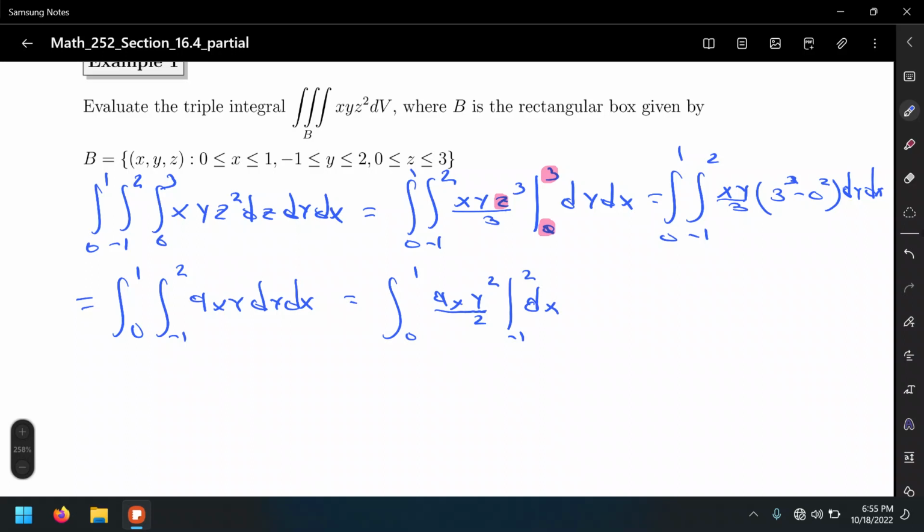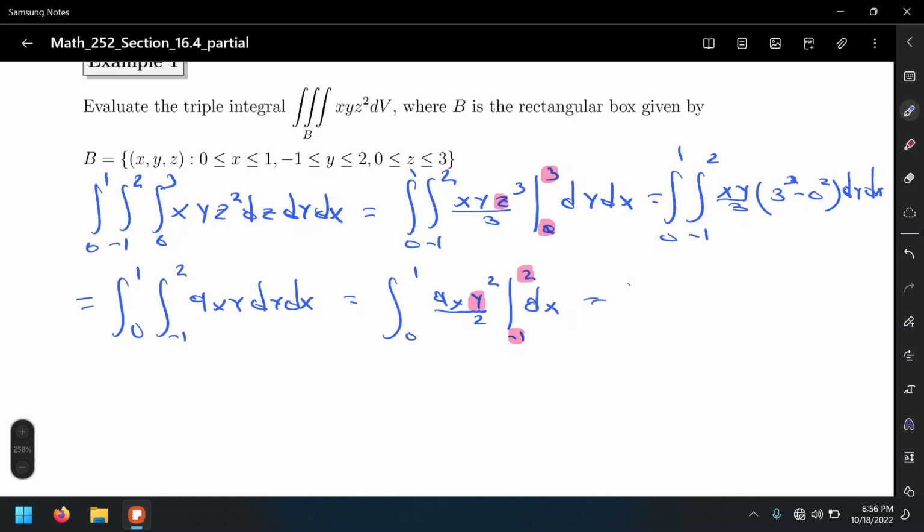And again, fundamental theorem of calculus, but in this case with respect to y. Because we integrated with respect to y, these limits should only be plugged into the y variable, leave the x alone.